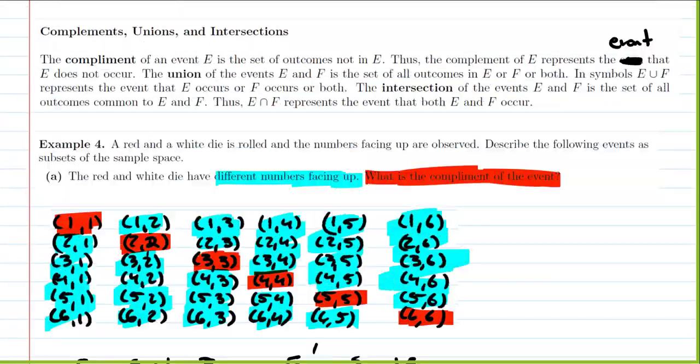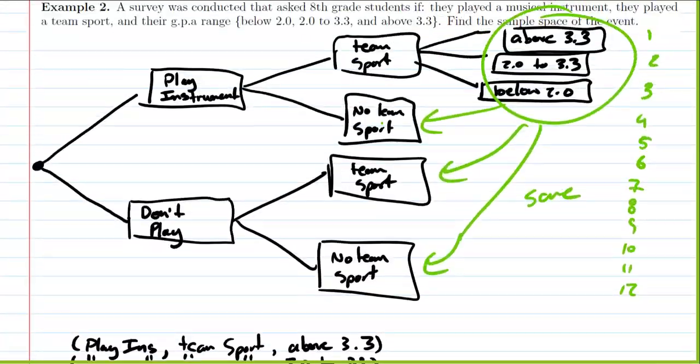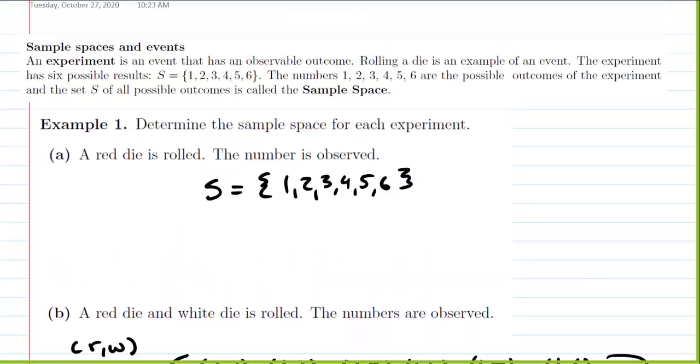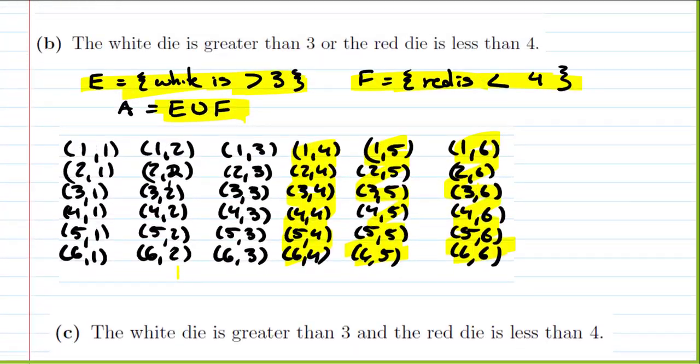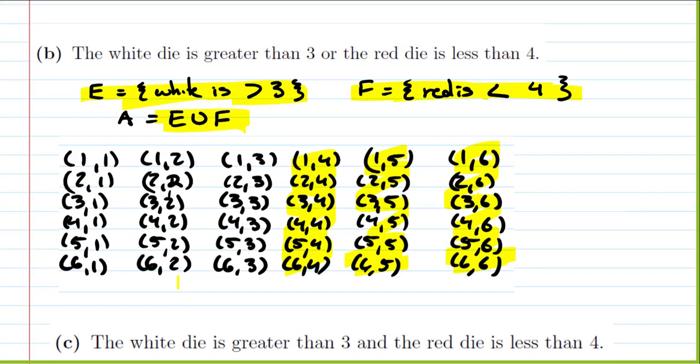I was thinking of this previous example up here where we did the die was less than 2. Yeah, so remember our ordered pairs were R and W. So if white is bigger than 3, that's 4, 5, or 6. So that's here. And if red is less than 4, so red has to be less than 4, it's going to be here.